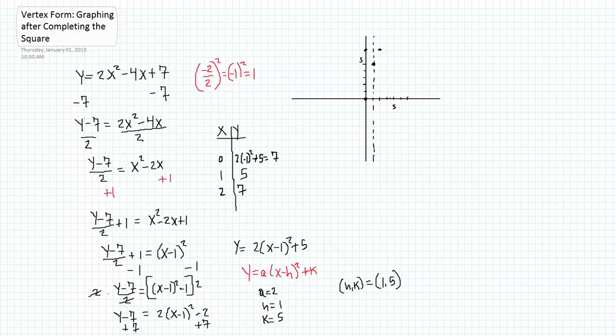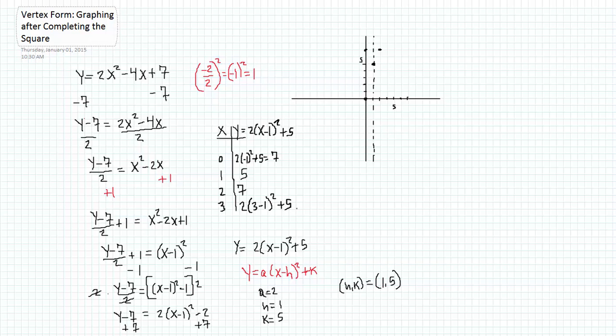Now, I can plug in 3 into the expression, right? Again, here y is equal to 2 times (x minus 1) squared plus 5. That's just the original function written in vertex form. So if I plug in 3, 2 times (3 minus 1) squared plus 5, well, 3 minus 1 is just 2. 2 squared is 4. 4 times 2 is 8.